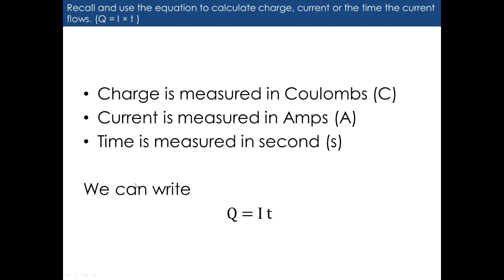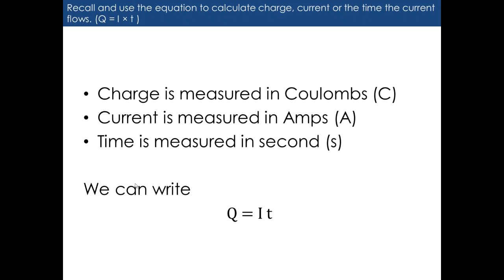So we've already mentioned charge is measured in coulombs, which is given the symbol capital C. Current is measured in amps, which has got the symbol capital A. Time is measured in seconds, capital S. And as we've done before, we can actually write this shorter. We don't want to be necessarily writing out the full charge equals current times time every time we're doing an exam question.